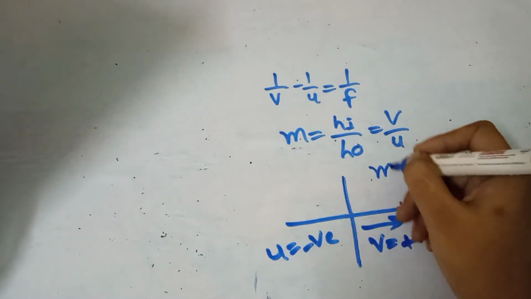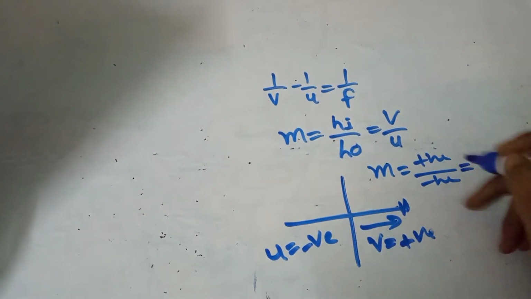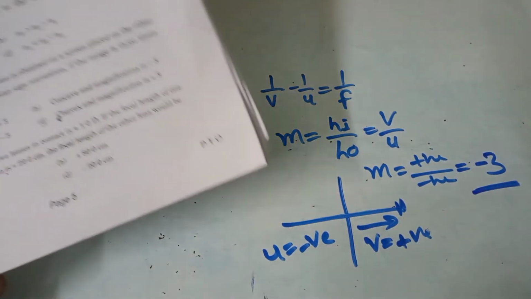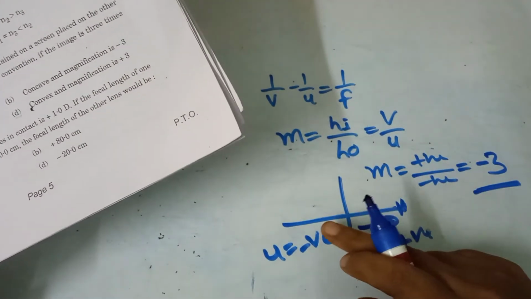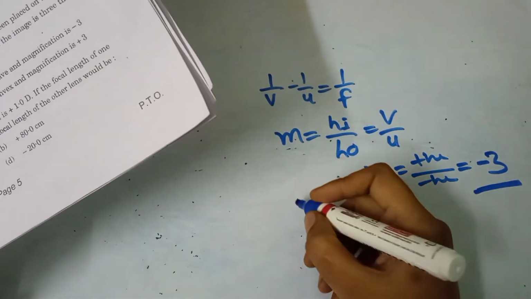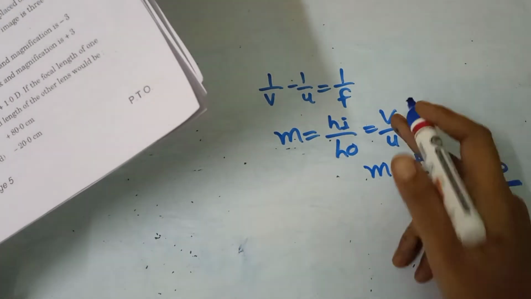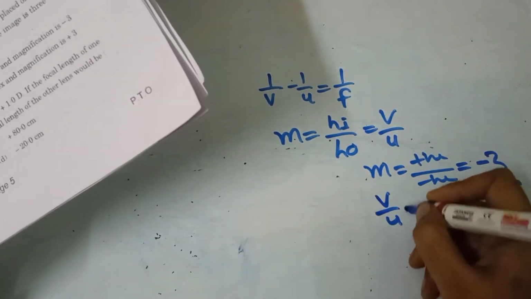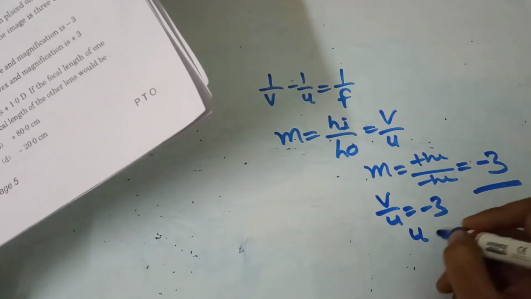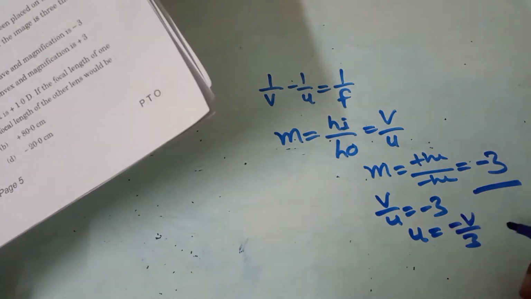So magnification is equal to some positive number over some negative number, so it should be -3. We also know magnification is equal to V by U. So V by U is equal to -3, so U is equal to minus V by 3.